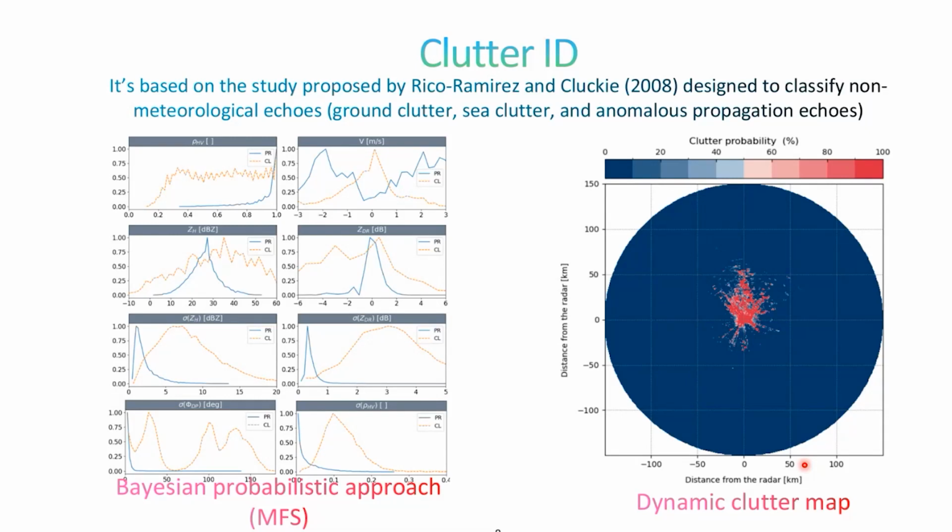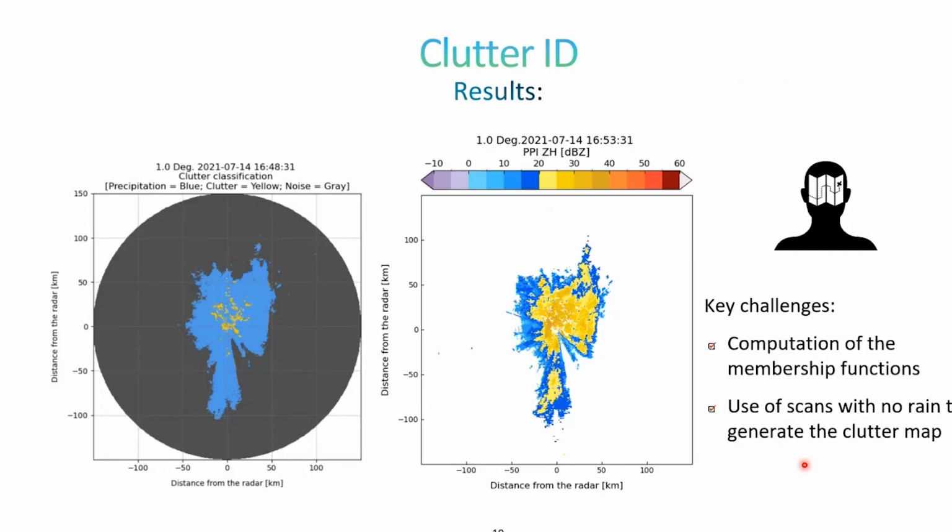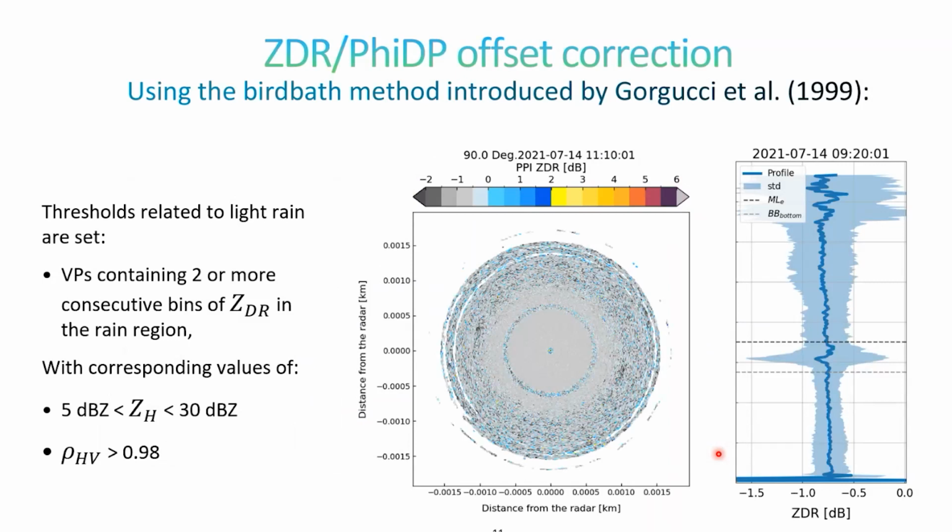So when we generate these membership functions and the dynamic clutter map, these are the results of the clutter identification. You can see that even with a strong rain, we're identifying the clutter. So yeah, these were the key challenges: to compute the membership functions and to identify in time and space the scans with no rain.